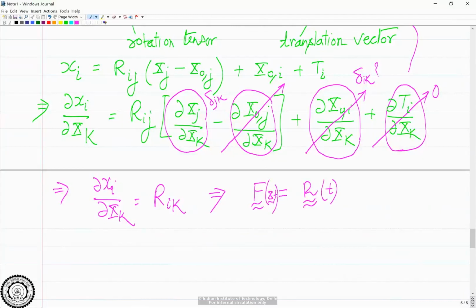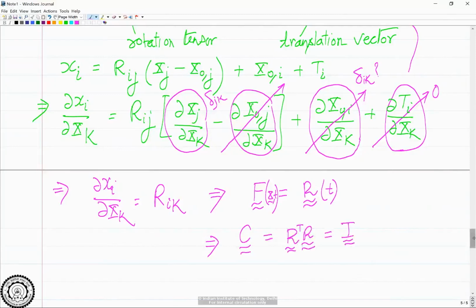Now, if this is the case, what can you say about C, the right Cauchy-Green tensor C? So C is then R transpose into R, right? Because it is F transpose F. So what will this be equal to? I, sir. I, right.